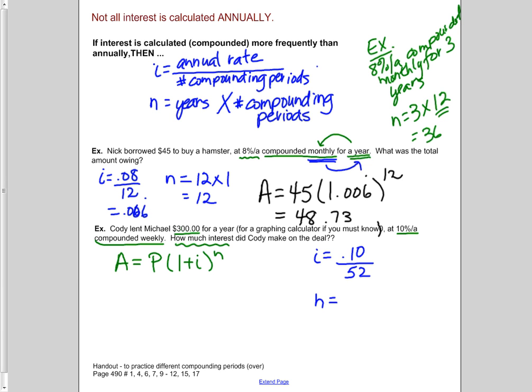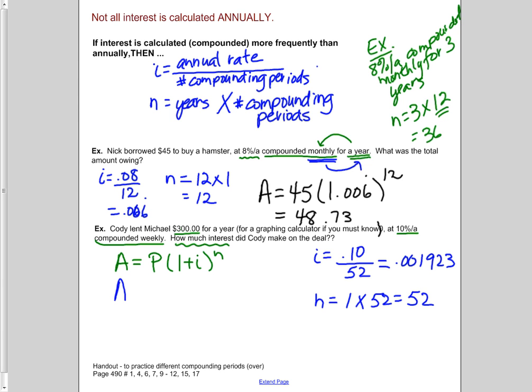It's 52. So our interest rate weekly is 0.001923. Our N value is every week for 1 year. So the number of years is 1, number of weeks is 52. They're going to calculate the interest 52 times at 0.001923 is the rate.